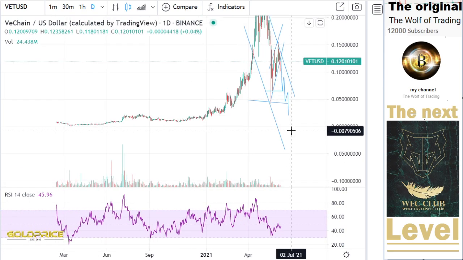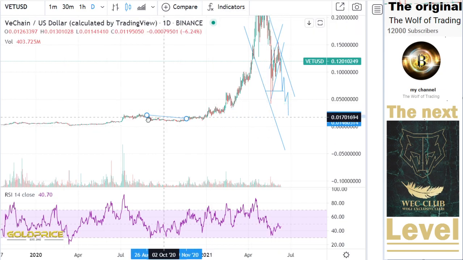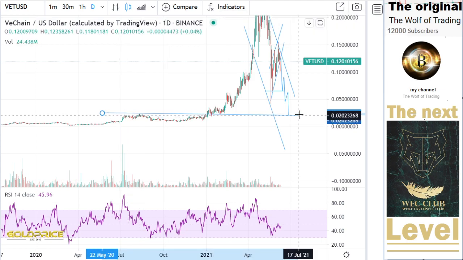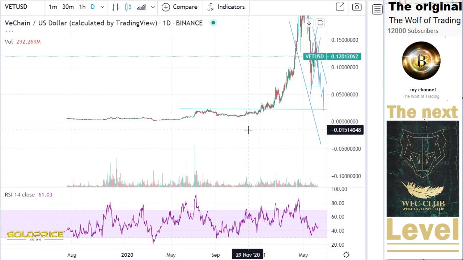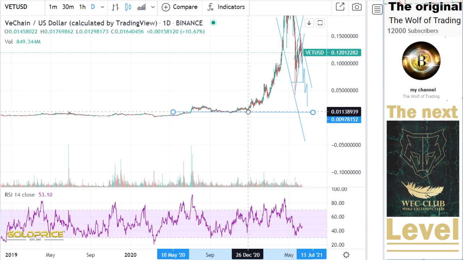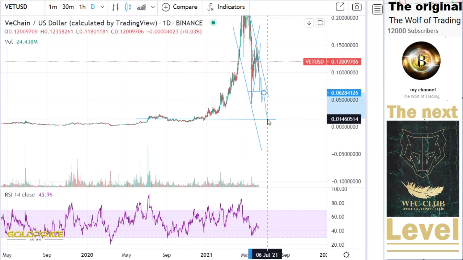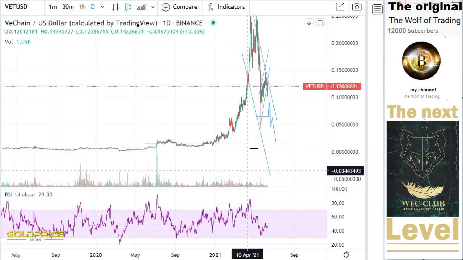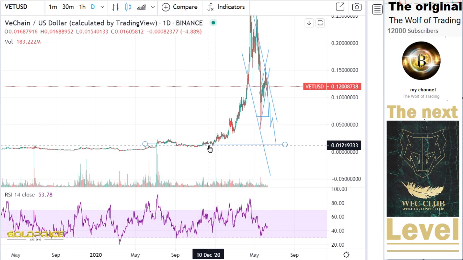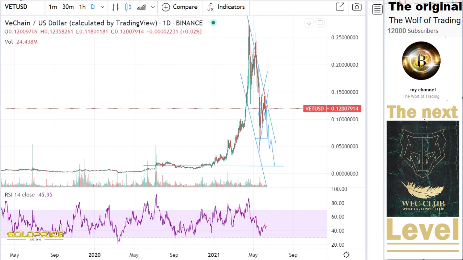So don't be confused about this here. The real base at this level is, let me check, I would say 0.01 cent, 0.02 cent. The reason is simple. We started the bull run from 0.01 cent levels to 25 cent levels.